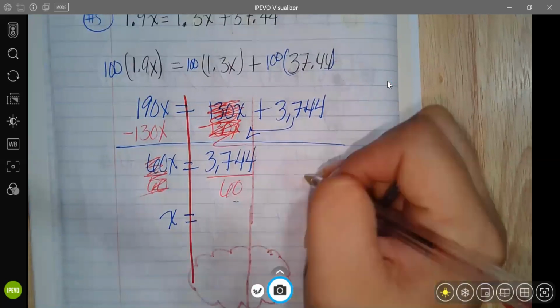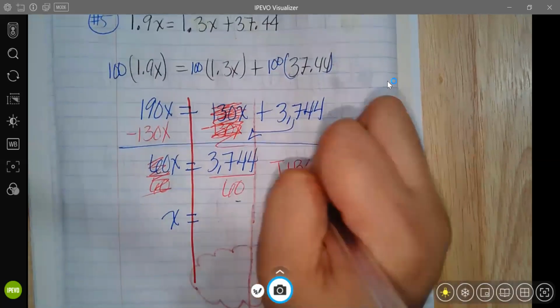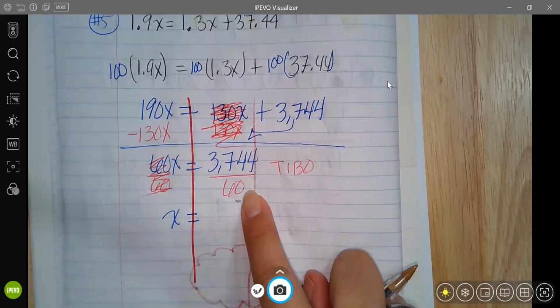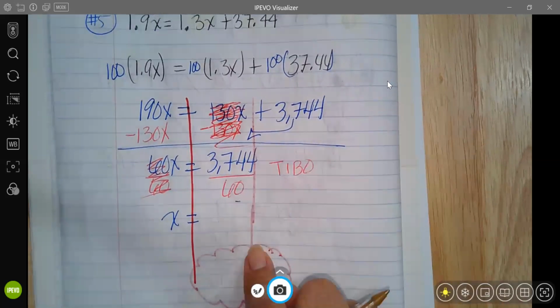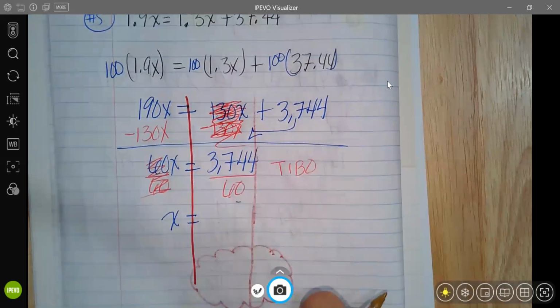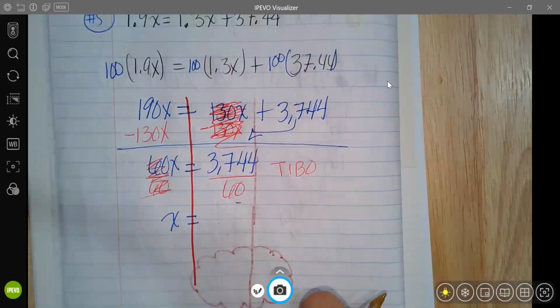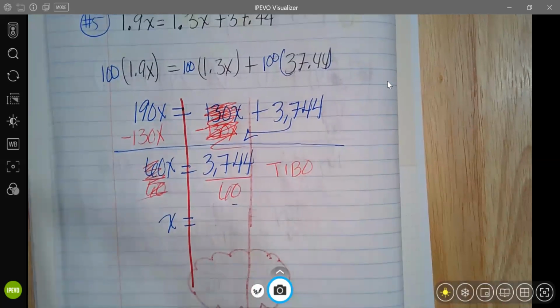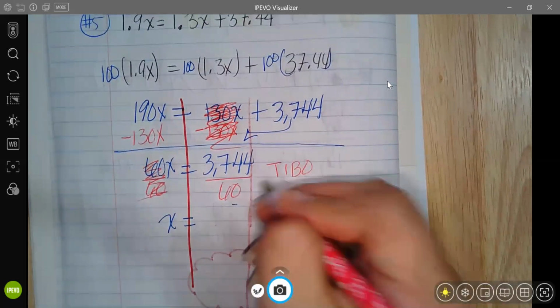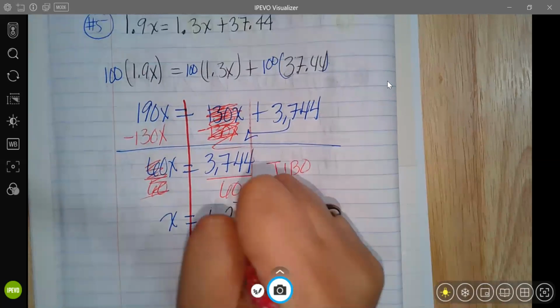Hopefully from here, if you did not get it, please stop the video, give me a T-bow, top in, bottom out, and then come back to check if you got the answer right. And hopefully you went ahead and did the division on your own, and you would have gotten 62.4.